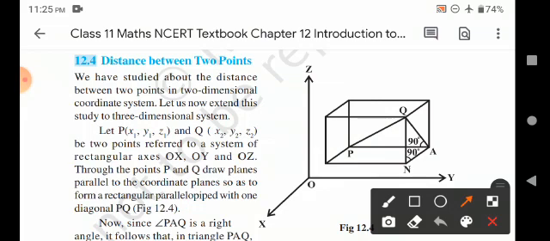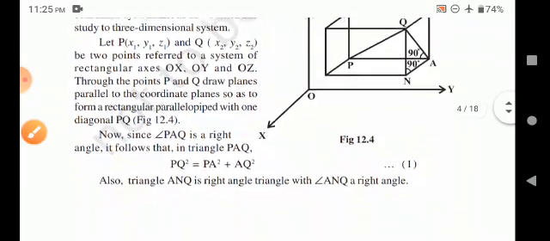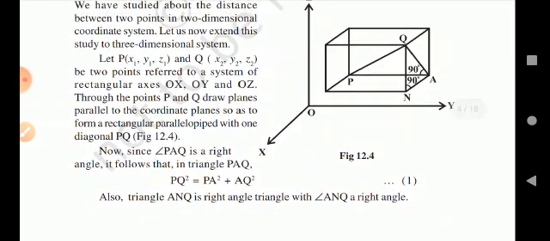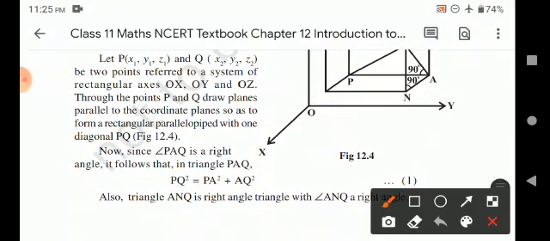Now since angle PAQ is 90 degrees, that is called a right angle, it follows that in the triangle PAQ, PQ square is equal to PA square plus AQ square.